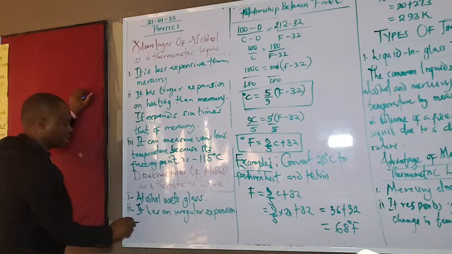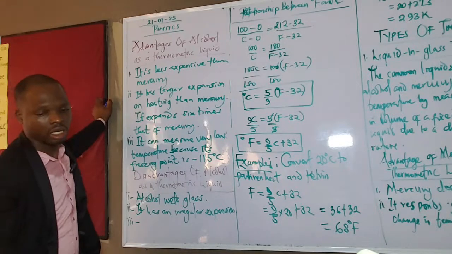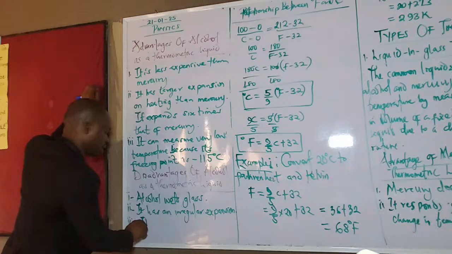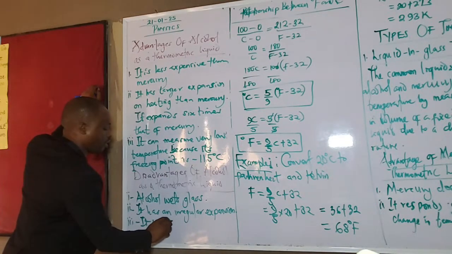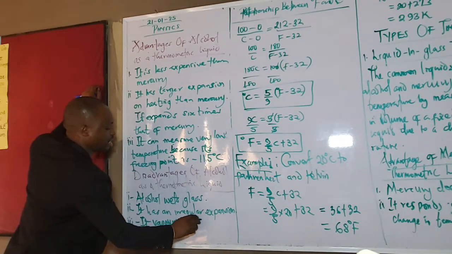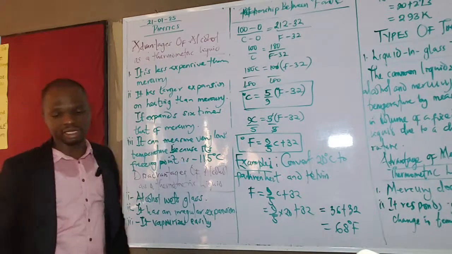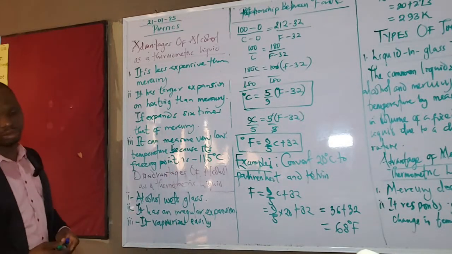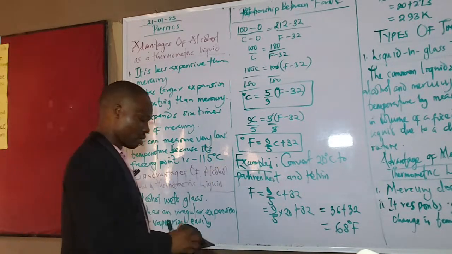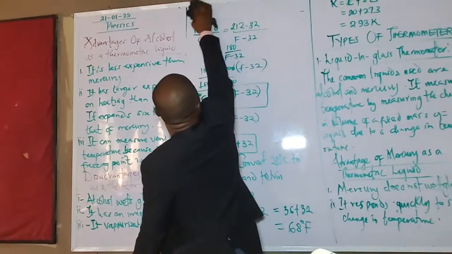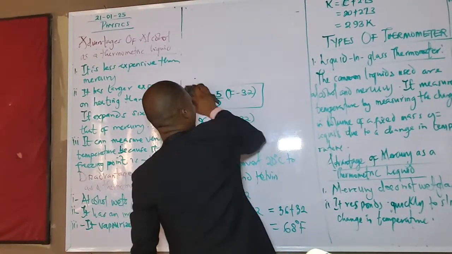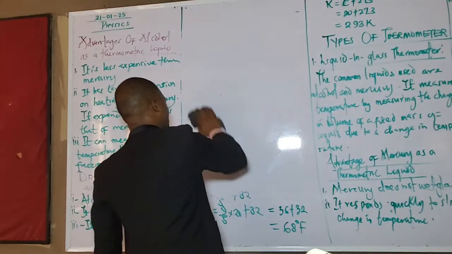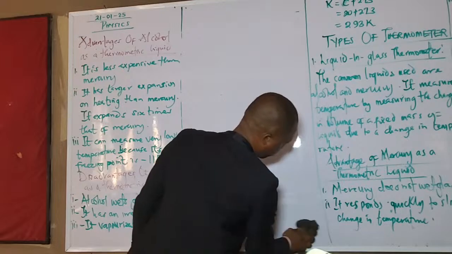Another disadvantage of alcohol is that it vaporizes easily. I've explained this before. And it is not opaque, so it needs to be colored. Therefore, we need to add some coloring agents to alcohol in order to use it as a thermometric liquid.